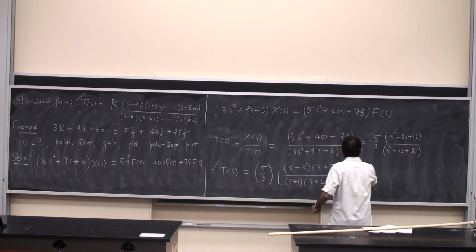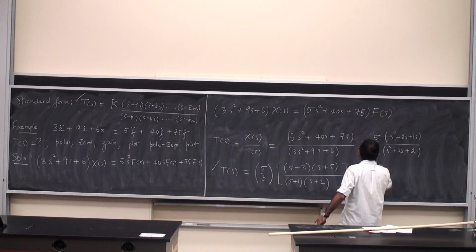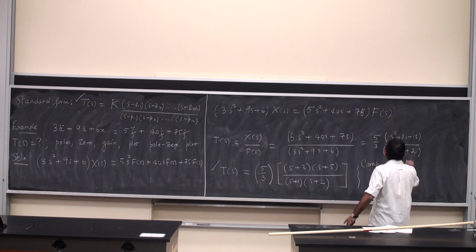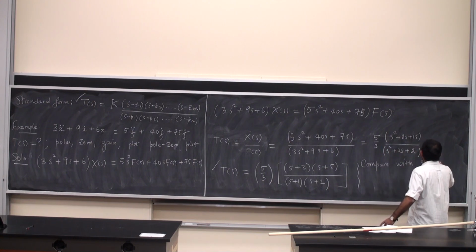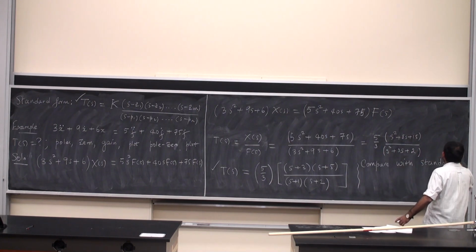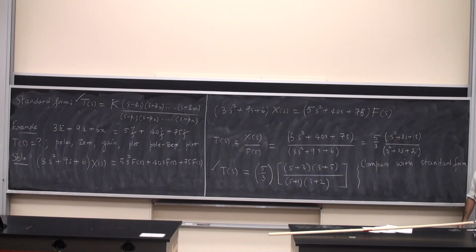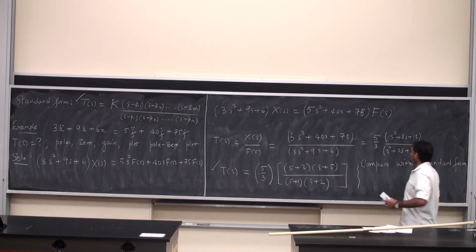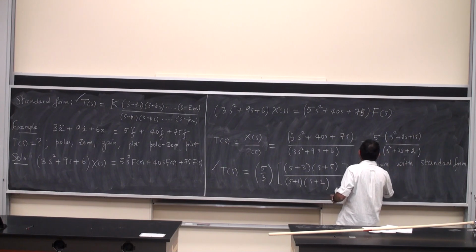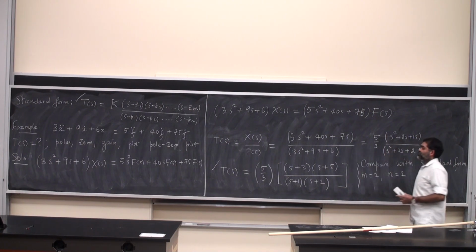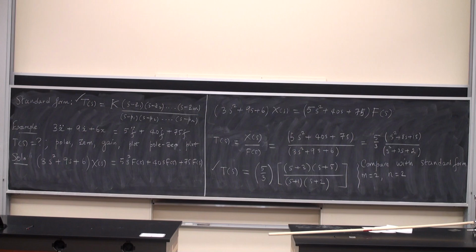So compare with the standard form. First of all, m is equal to 2 and n is equal to 2 as well. Right, I have a second order polynomial in the denominator, a second order polynomial in the numerator.